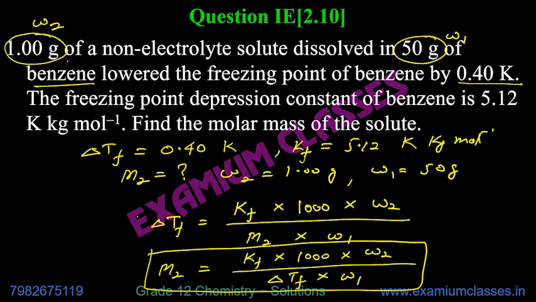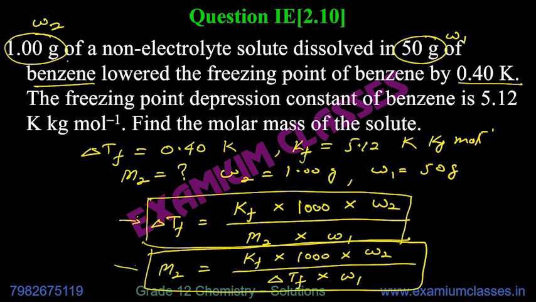And the logic behind why teachers have deducted marks in exams, what students have told me, is that NCERT has given these two formulas separately. For delta TF, NCERT has written this formula, and for molar mass, this formula. So they say that because it is written in NCERT as this formula, you have to use this formula.